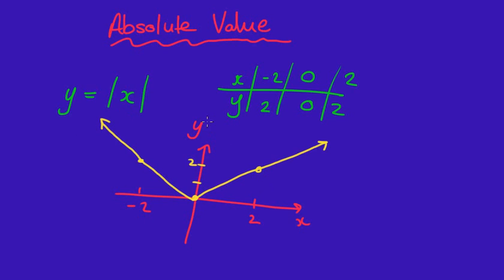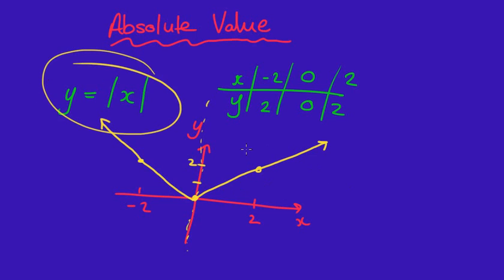It reflects itself through the line x equals 0. Because it's always going to be positive for this particular function, you can see it bounces off that x-axis. Again, that's something we'll look at in the coming weeks, but that's something for you to think about.